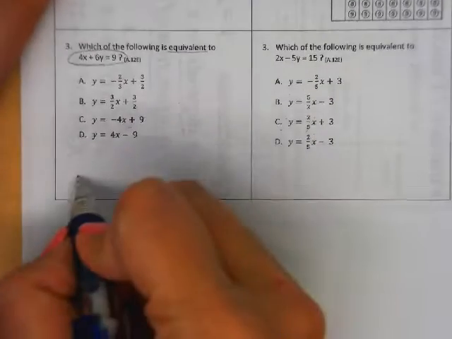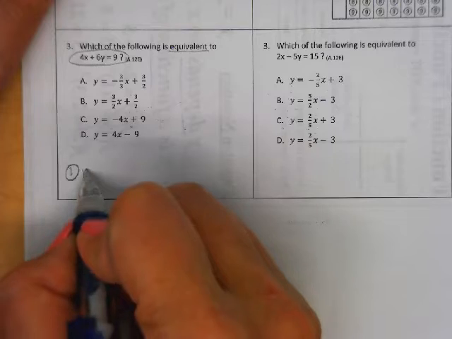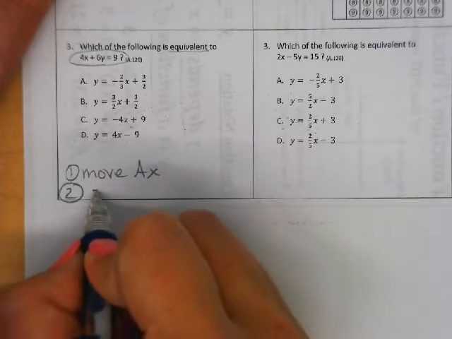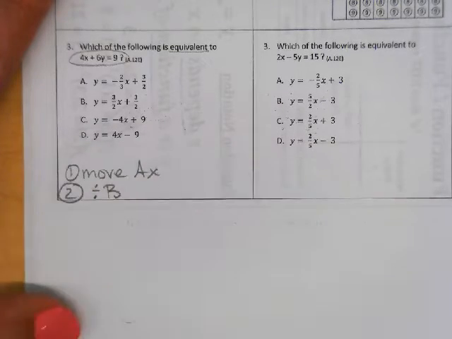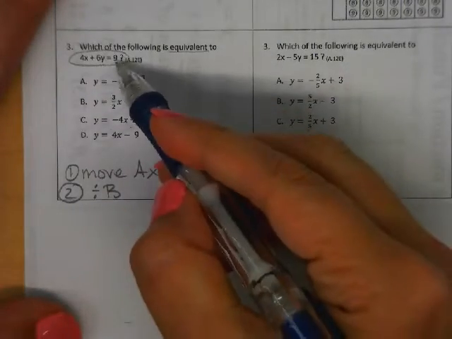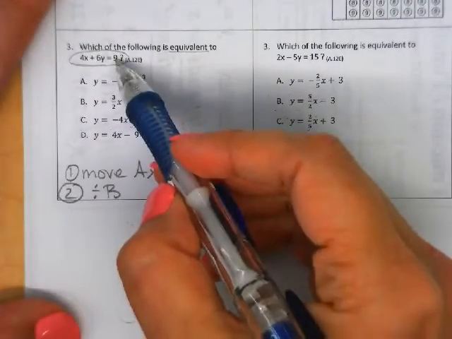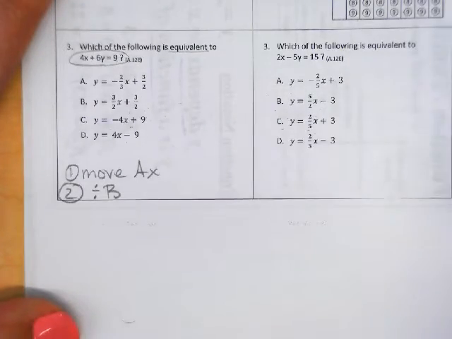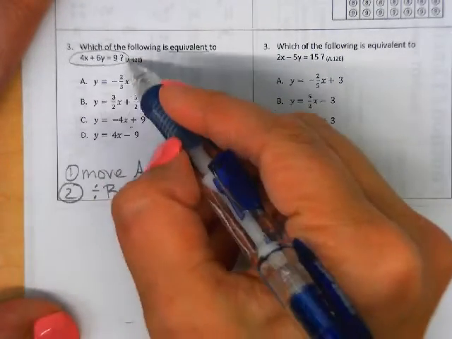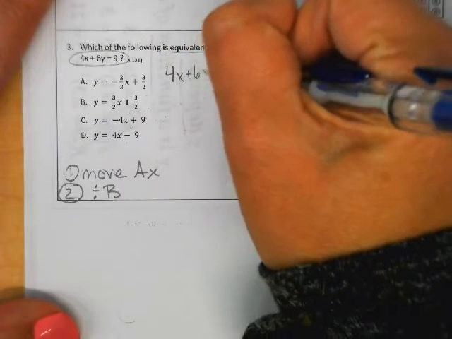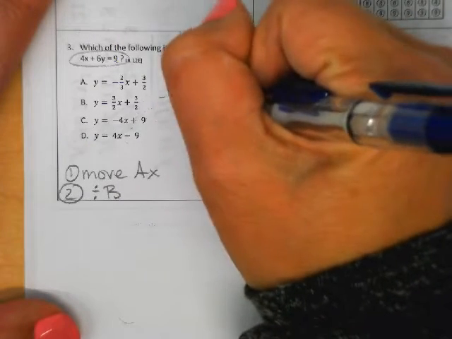And we said for standard form, you need to move ax and divide by b. Or if you wanted to change, you could definitely, that's the way you would want to do it. So if we're going to move ax, what are we going to do? We're going to minus that 4x.